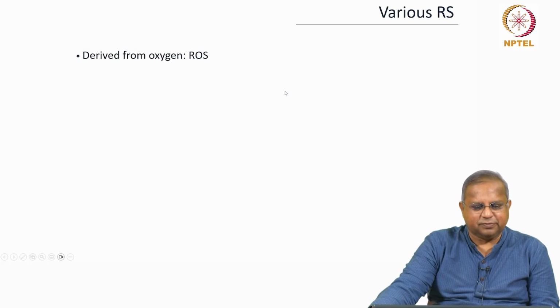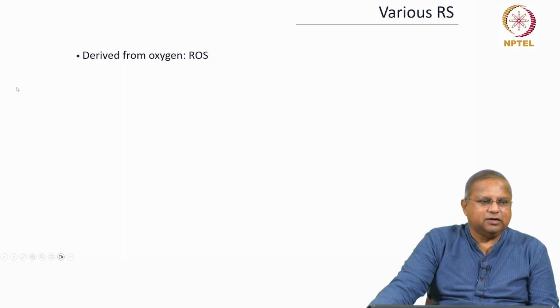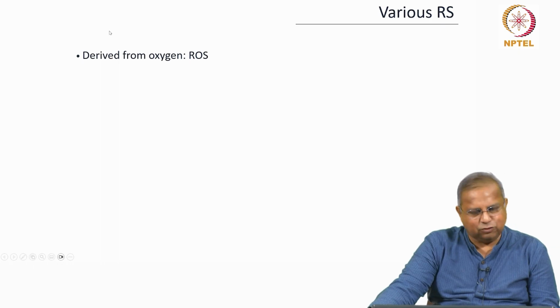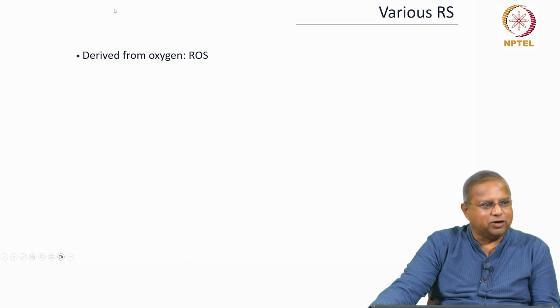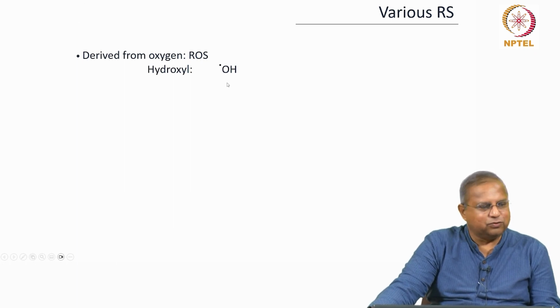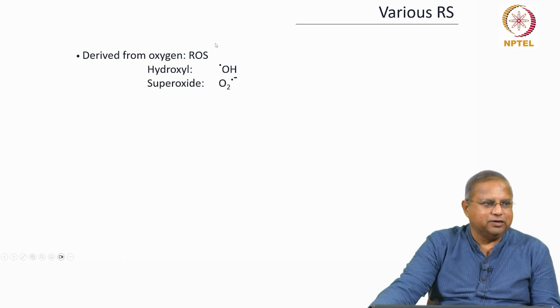Let us look at some examples of common reactive species. The ones that are derived from oxygen are called reactive oxygen species. Again, do not take this too strictly, I will give you some oddities right away. This is fine, hydroxyl, OH dot, superoxide, O2 dot minus.